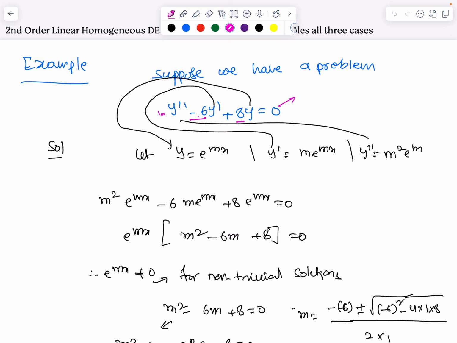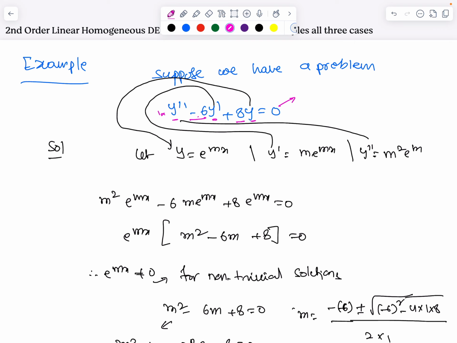There are no non-zero terms other than terms with y. That means everywhere you see there is a dependent term. There is no non-zero term in the differential equation without y. No such terms are there.